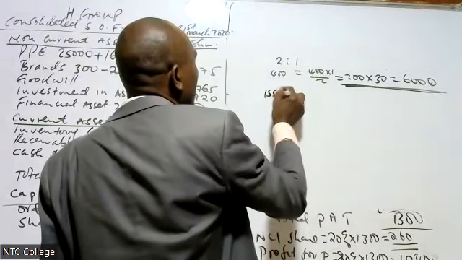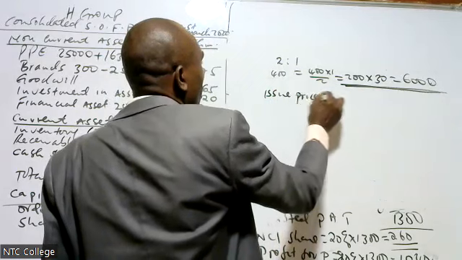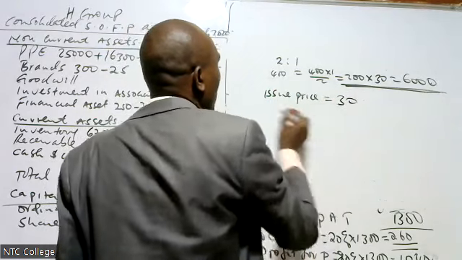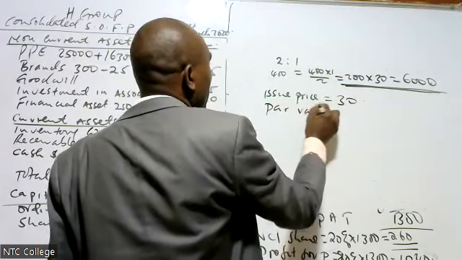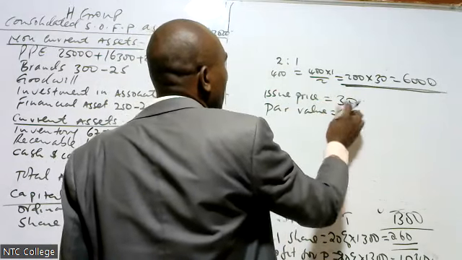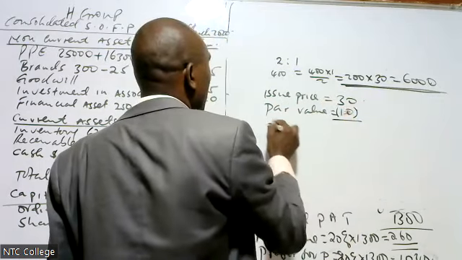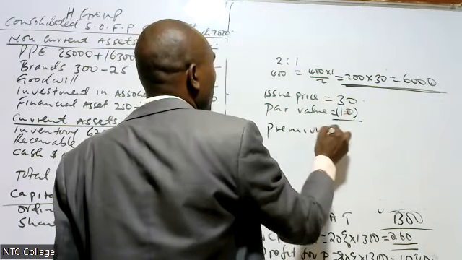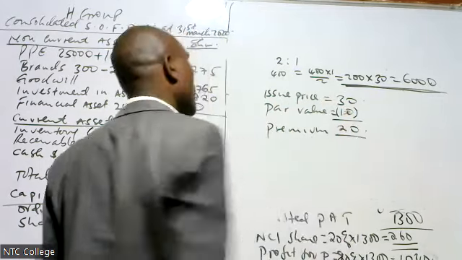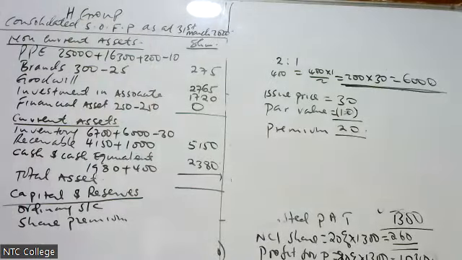Remember, issue price was 30. Par value was 10. Therefore, the difference is premium, share premium. 20 is the share premium.